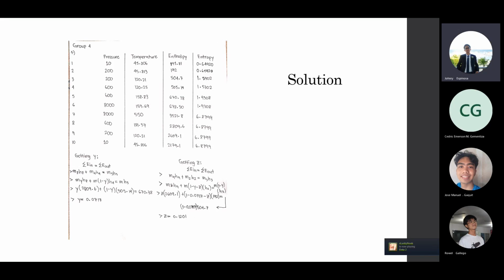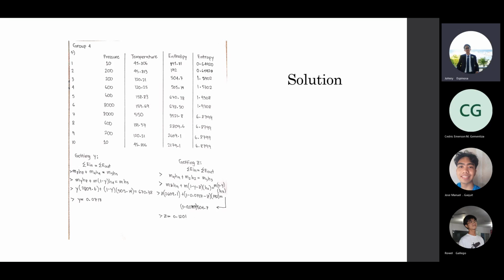Next, we need to get the z value. We also need the formula: the summation of energy input equals the summation of energy output. So m9 h9 plus m2 h2 are the components under energy input.